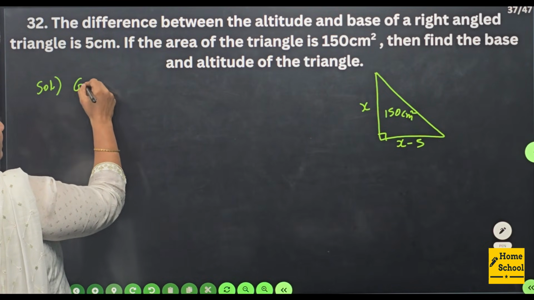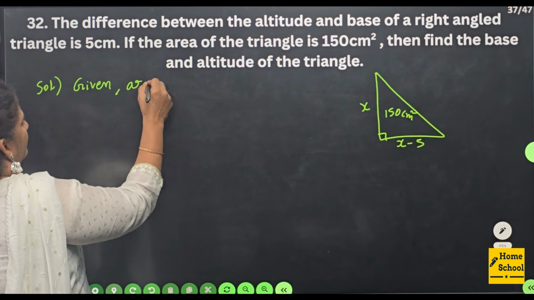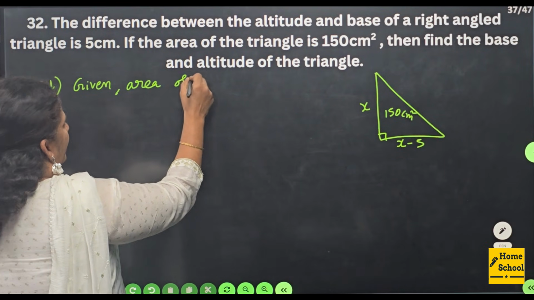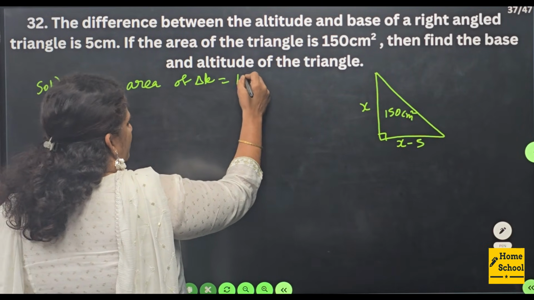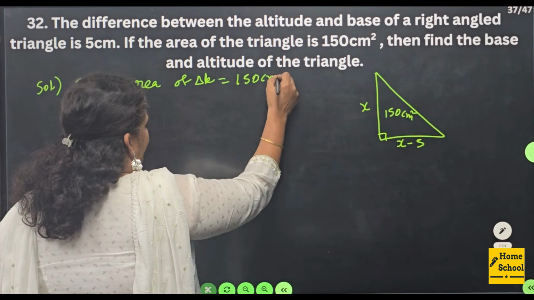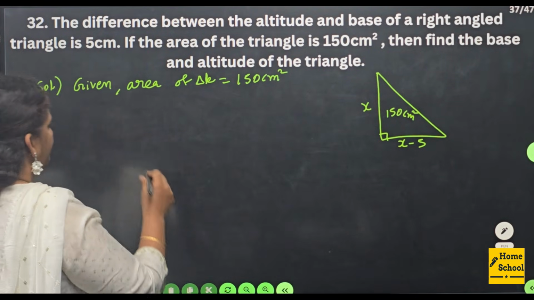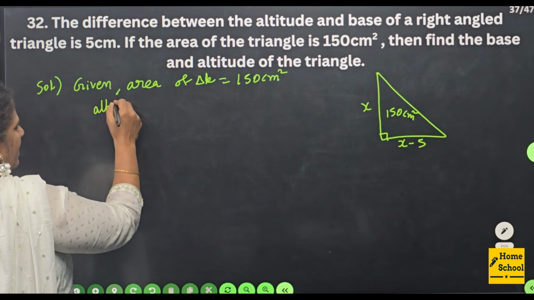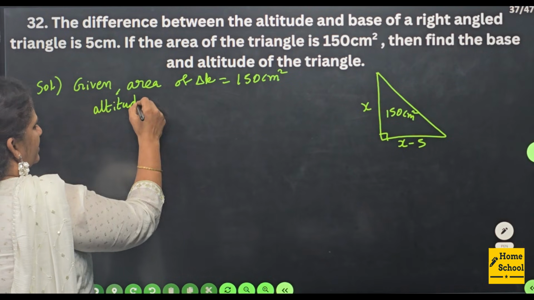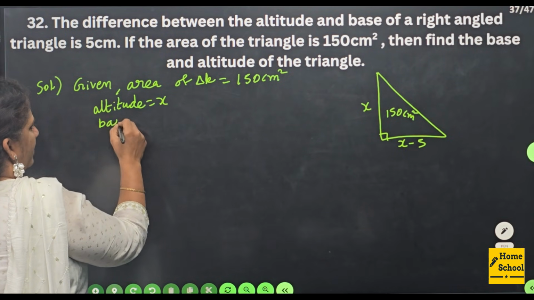Solution. Given area of a triangle is equal to 150 centimeters square. Now what is the altitude and base? Let us assume altitude is equal to x. Base is equal to, what did they say?